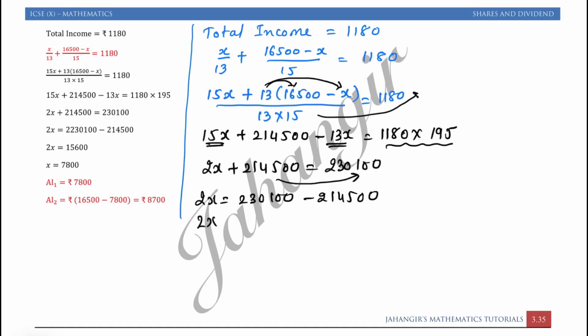So 2x is equal to 15,600. So therefore x value will become 7,800.